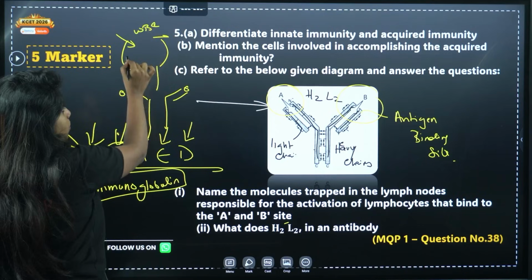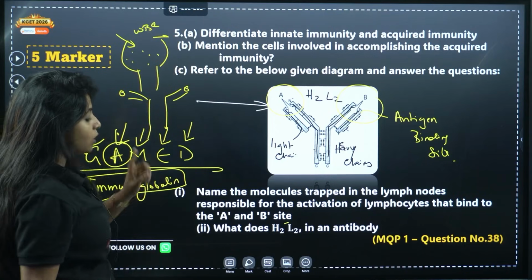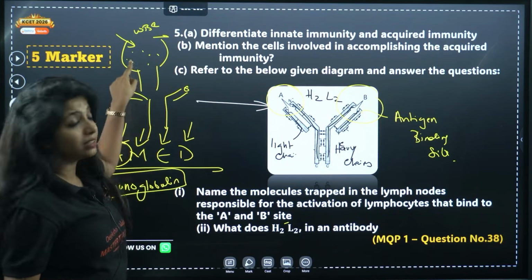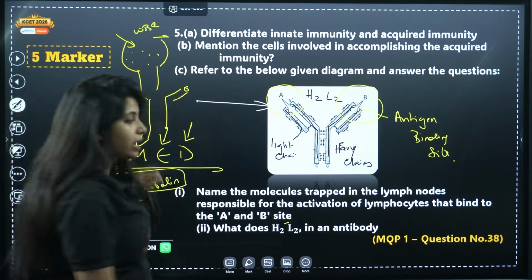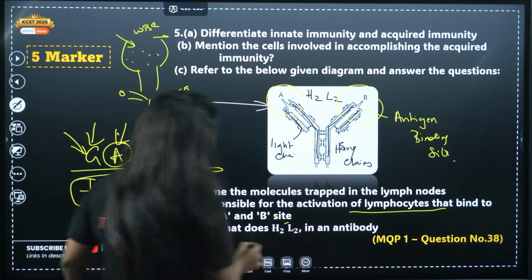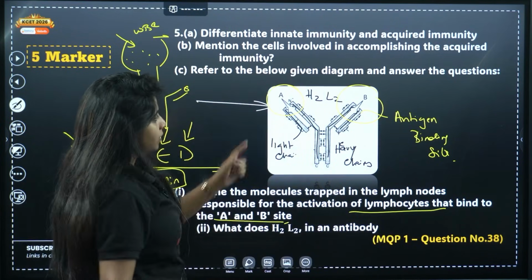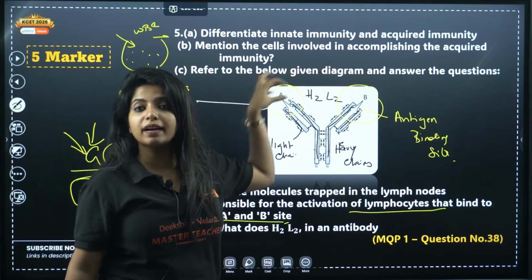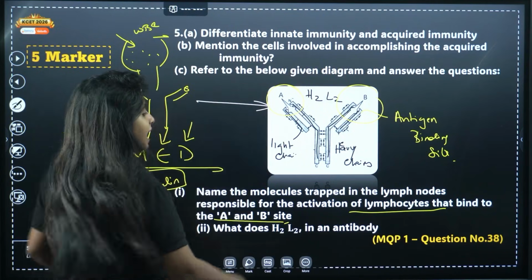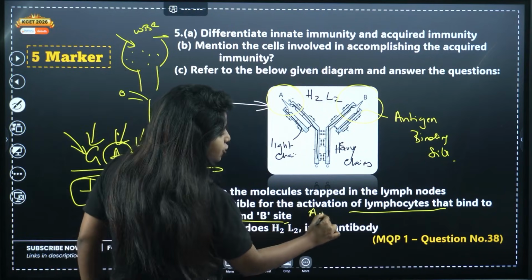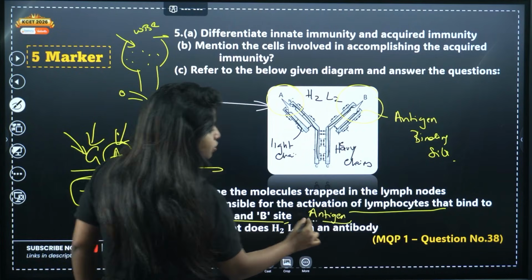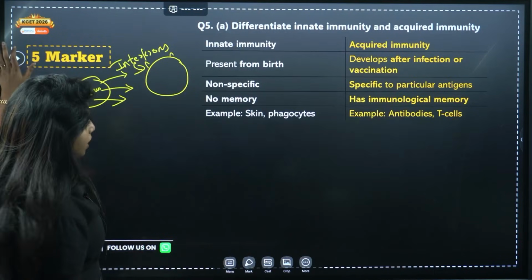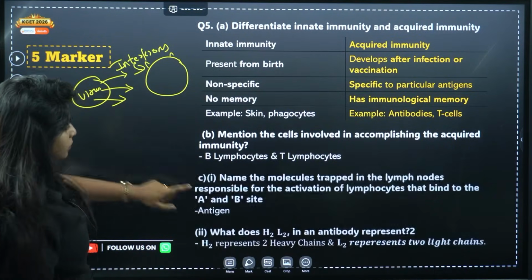So over here certain molecules are trapped, and these molecules are responsible for the activation of lymphocytes that bind to the A and B site. So what will be these molecules, my dear children, which bind to the A and B site? It has to be an antigen. Antigen is going to bind over there. So your answer for this question becomes: antigen.